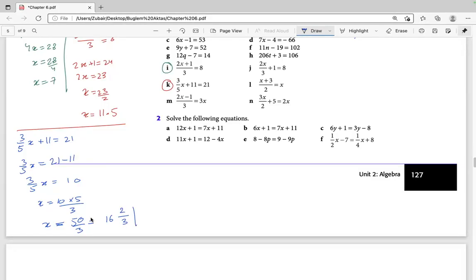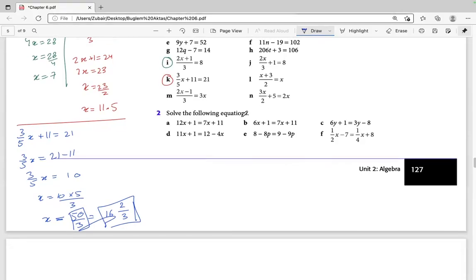Correct. So that's a choice when the question does not tell you what to do. You can write 50 by 3, you can write 16.66 or 16 2 by 3. As a fraction, as a mixed number, or decimals, it is your choice.